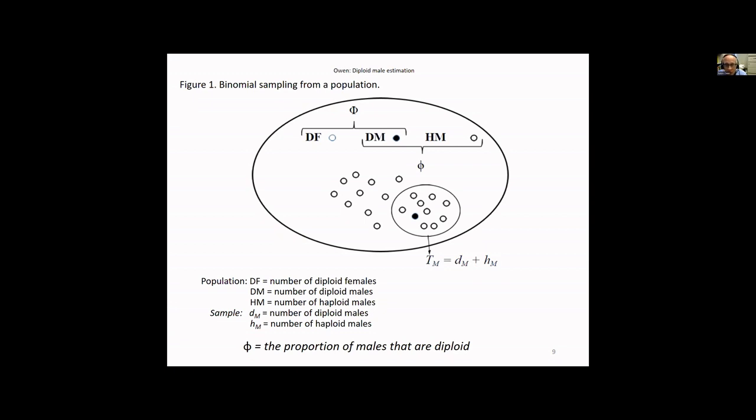And it's this second one, phi, small phi, is the most operationally useful one, because mostly, and particularly with the orchid bees, where it's easy to sample lots of males, you have a sample of males and you want to estimate this phi. So we're sampling from a population, and this is simple binomial sampling.